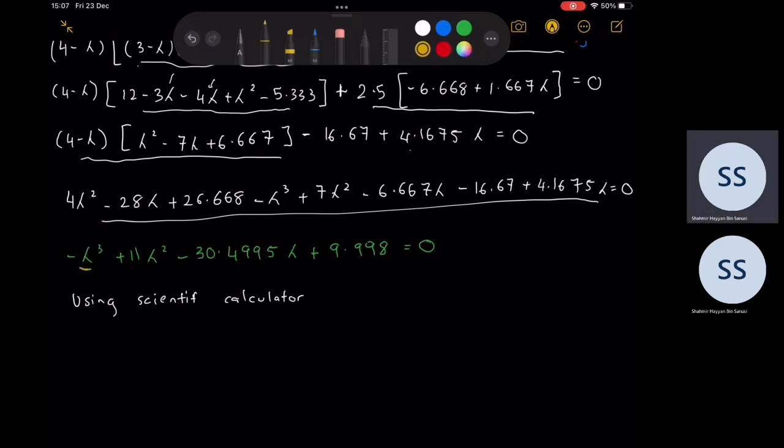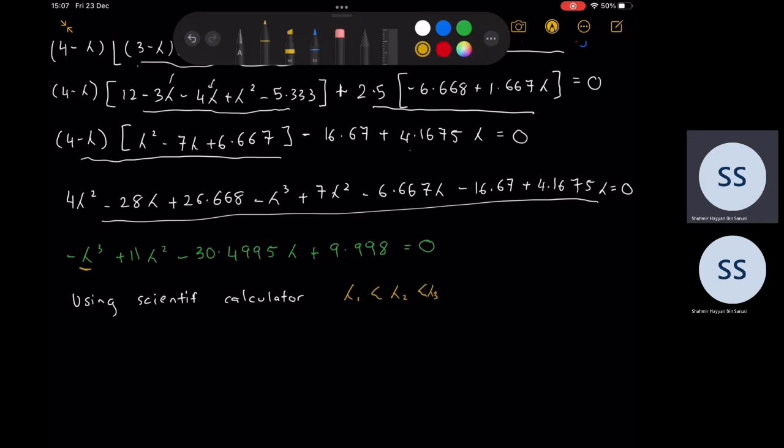For example, you might get the first root is higher than the second root and so on. So just make sure when you write your answer down, lambda 1 is smaller than lambda 2 and lambda 2 is smaller than lambda 3.